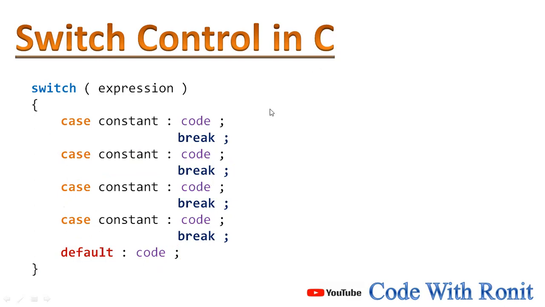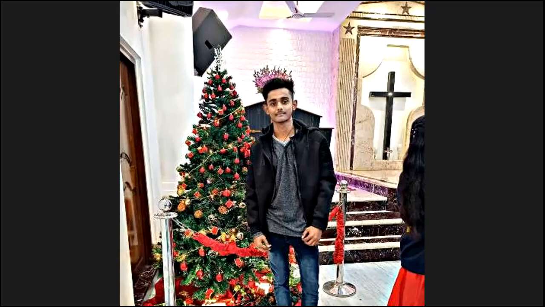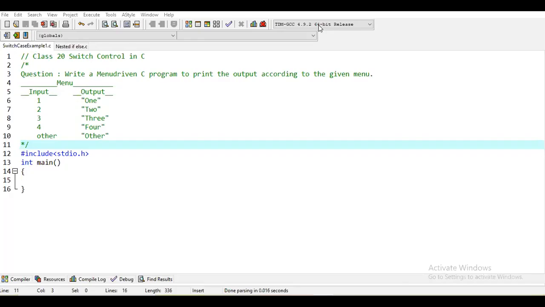So I hope you have got a little bit of an idea of the switch control in C programming. Now let's write the program for better understanding. So now we will do the same program which I have done using nested if statements.